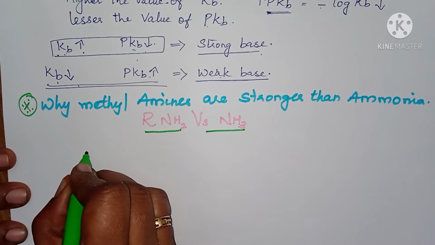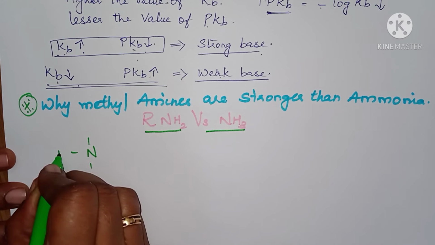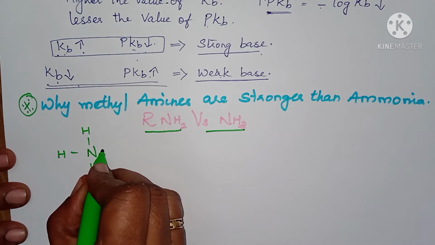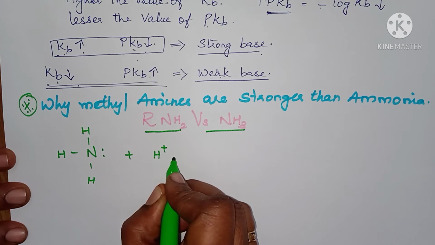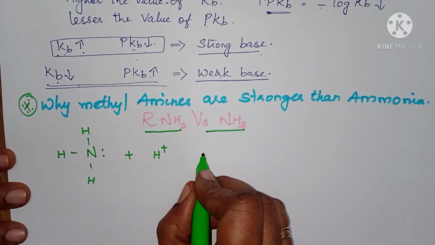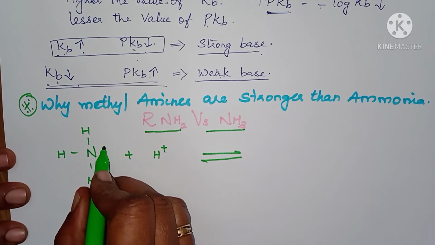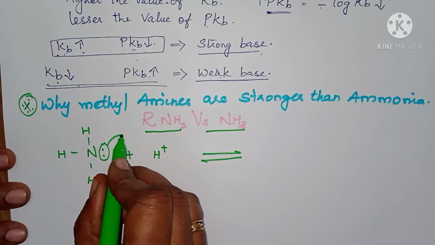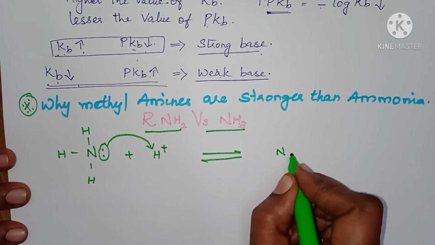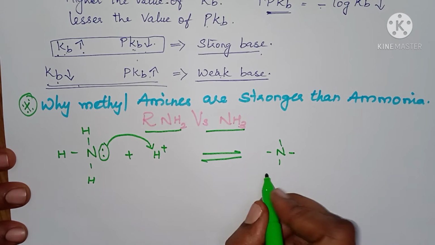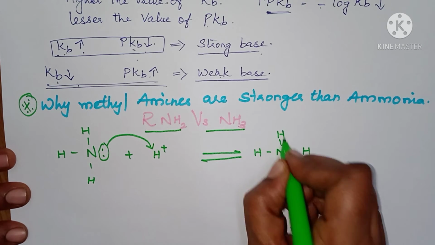Now just take ammonia. I will write the formula of ammonia, NH3, with a lone pair of electrons, and it is reacting with acid, H plus Cl minus. This lone pair of electrons is attracted towards the H plus ion. Now ion formation: ammonium ion, with hydrogen, hydrogen, hydrogen, and here also hydrogen.